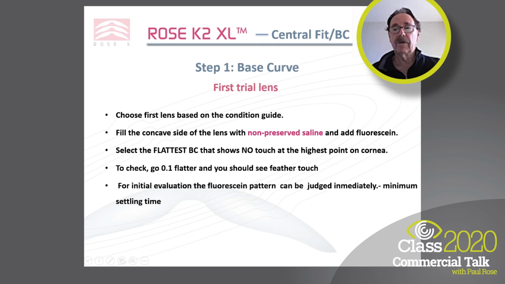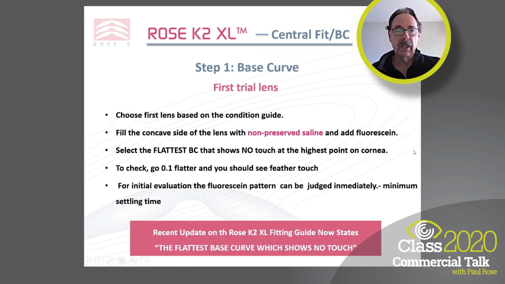You can judge the fit immediately, put the lens in. There's very little settling time, but do remember, it's in the fitting guide, you're now choosing the flattest base curve which shows no touch. I used to talk about feather touch, but unfortunately, practitioners' interpretation of feather touch was quite different, and sometimes feather touch was very heavy touch.